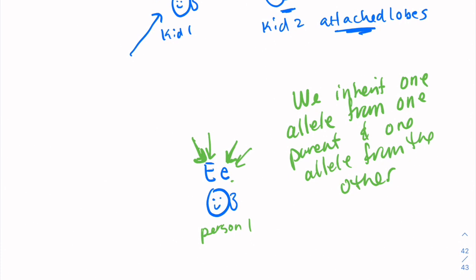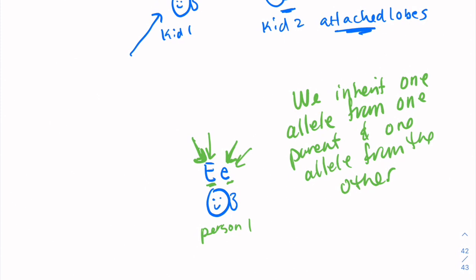That's how sexual reproduction and inheritance through sexual reproduction works. We inherit one allele from our birth mother's ova, her gametes, and we inherit our other allele from our birth father's gamete, our birth father's sperm. We just don't necessarily know which is which sometimes. There we go. So there is that.